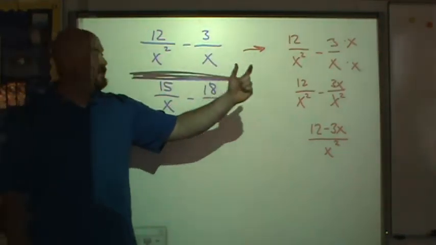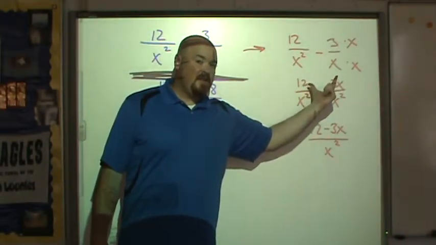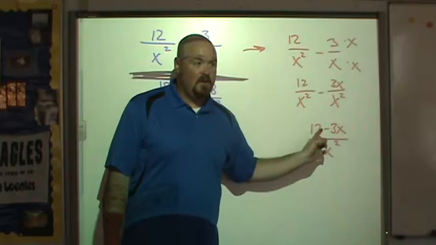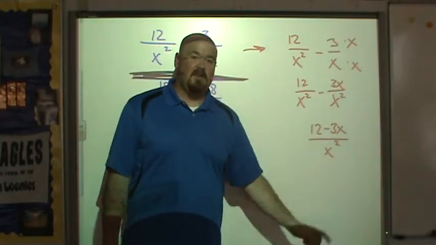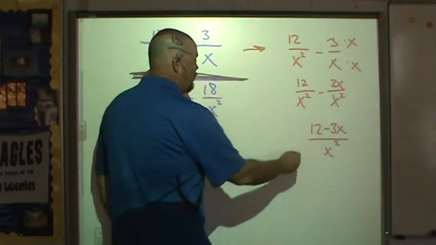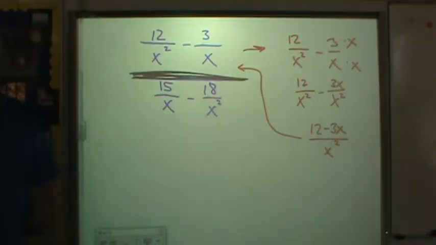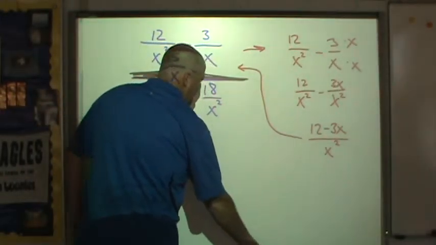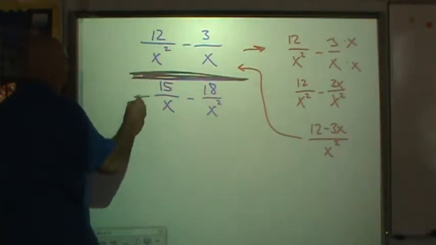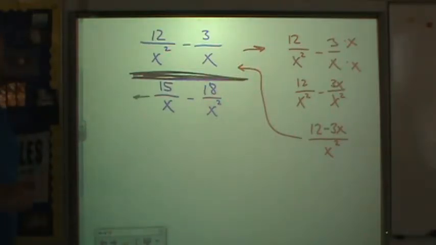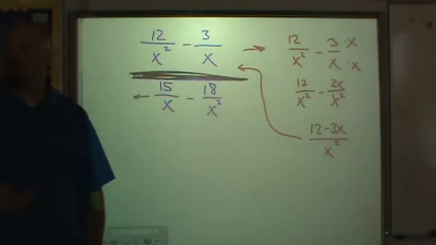There's a difference here. I don't actually get to subtract 12 and 3x because one of them has an x and one of them doesn't. But I can write it as a singular fraction. And that is going to go back up top. I'm going to do the same thing with this. So I have 15x minus 18 over x squared. It's going to take the same sort of work to get this part done.